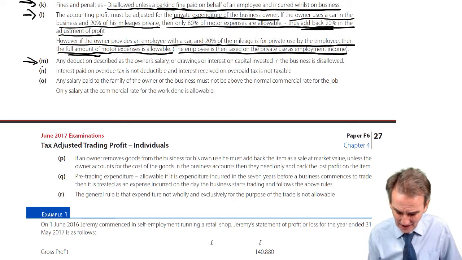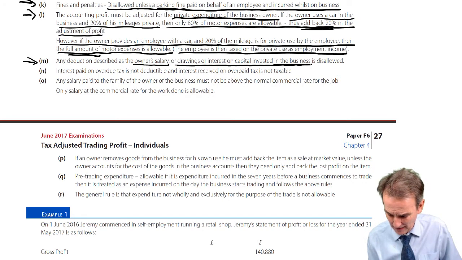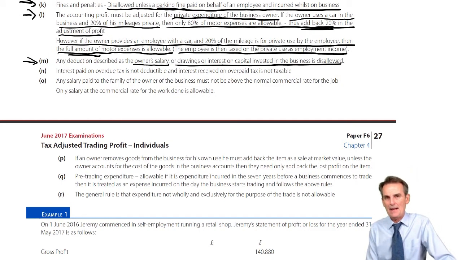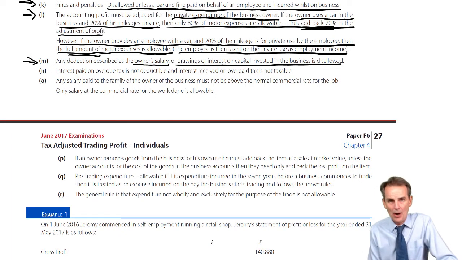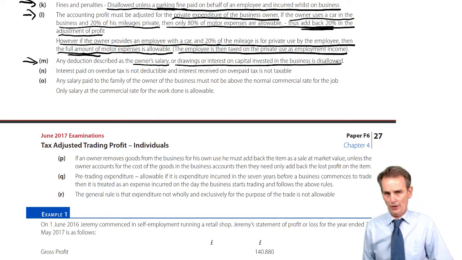Next one, any deduction described as owner's salary or drawings or interest on capital invested in the business is disallowed. Again, if the proprietor takes money out of the business, those are drawings. Drawings, as you know from accounting, are not an expense.